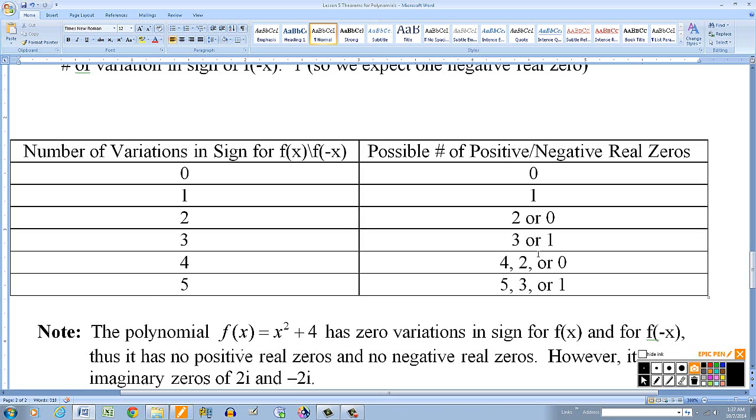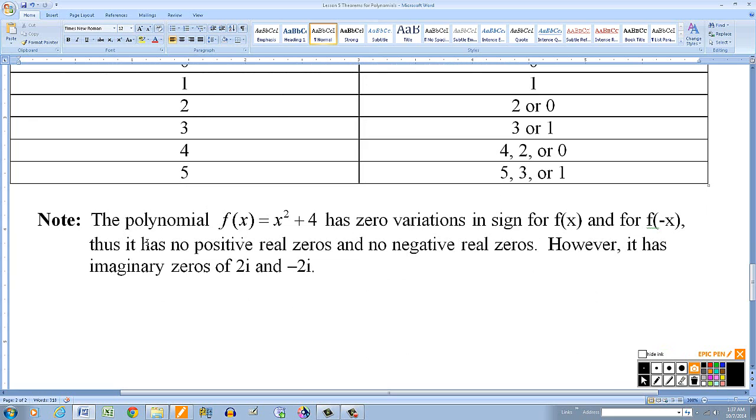So as another example, let's look at the polynomial f of x equals x squared plus 4 instead of x squared minus 4. In this case, notice I have again a 1 and a 4. If I want to know the possible rational zeros, I would have factors of 4, again plus or minus 1, plus or minus 2, plus or minus 4, and factors of 1, which would be plus or minus 1.